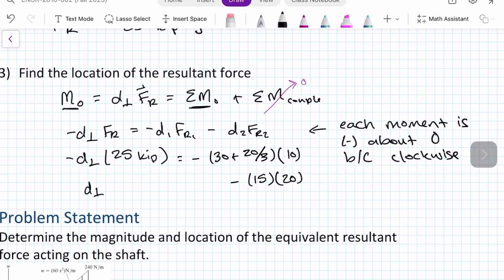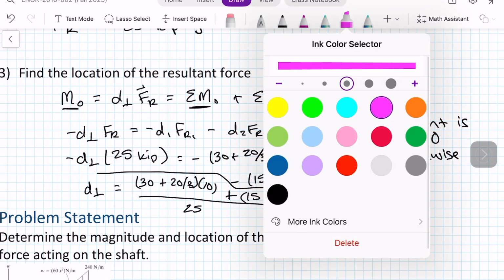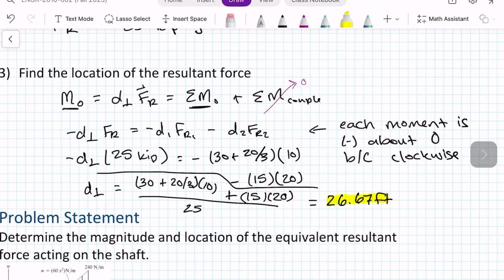All of these negatives will cancel out, and D perpendicular is equal to 30 plus 20 divided by 3, multiplied by 10, plus 15 times 20, and then divide all of that by 25. I'll calculate that, and our final answer ended up being 26.67 feet.